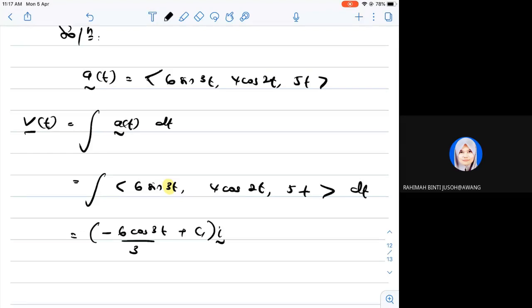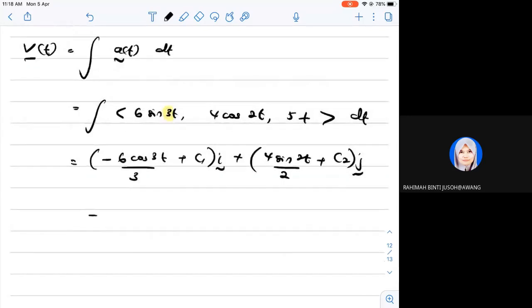Second term, integrate 4 cos 2t tu, integrate cos dapat apa? Positif ke negative sign? Positive sign. Okay, very good. So 4 sin 2t per 2 lah. Tambah C2j. Right? And then plus yang ketiga tu 5t.